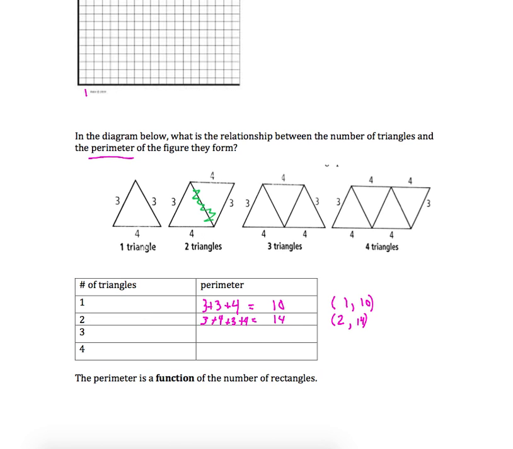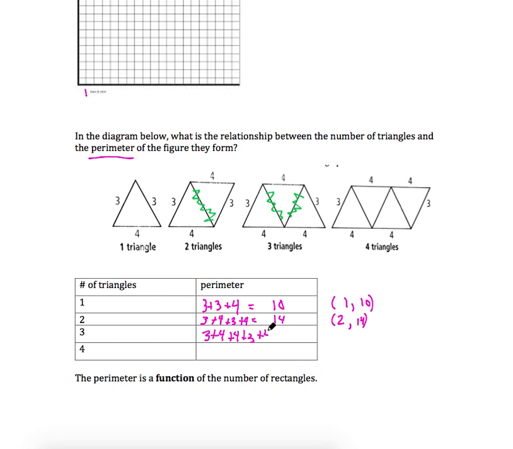The next picture for 3 triangles, so again, I'm going to remind you, we're talking about perimeter, so we're not paying attention to the stuff on the inside. When we count the perimeter, it's going to be 3 plus 4, 3 plus 4, plus 4, another 4. So we have 2 4s across the bottom. And then we come around to the right side, plus 3, and then to the top, plus 4.